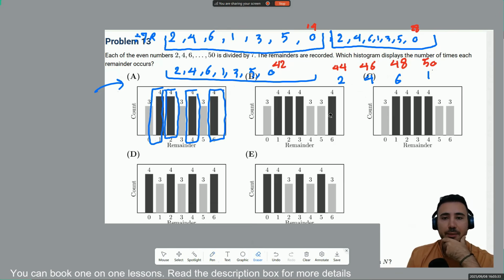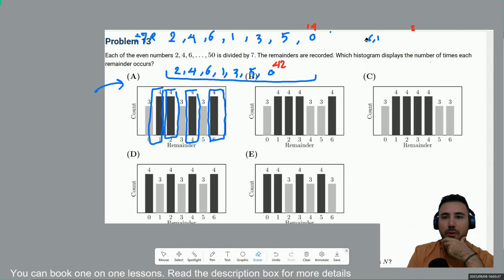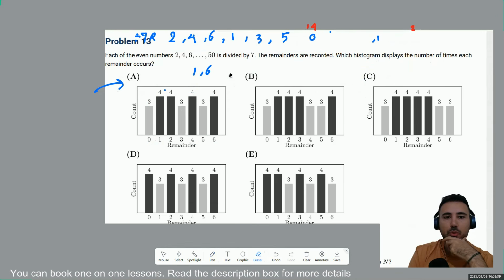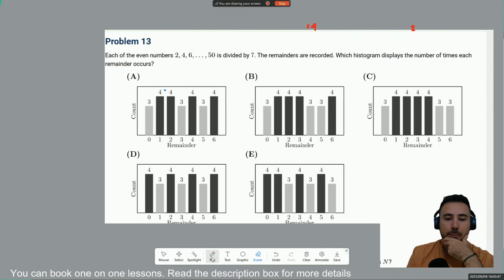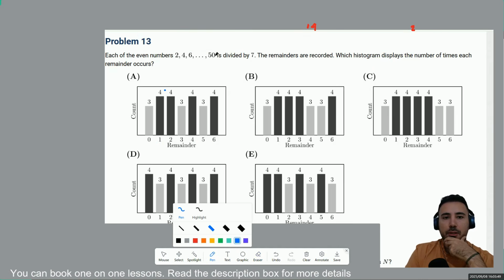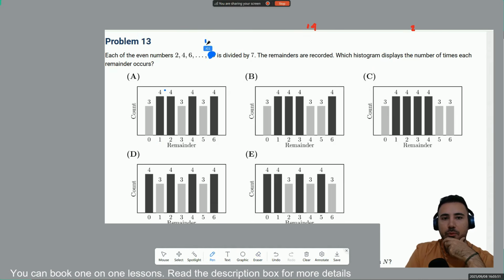And now it's time that I give you the questions to do. To practice, I want you to draw a histogram yourself. You just want to draw one of these graphs yourself. The last number is 100, and you're going to go by divisibility by 9.